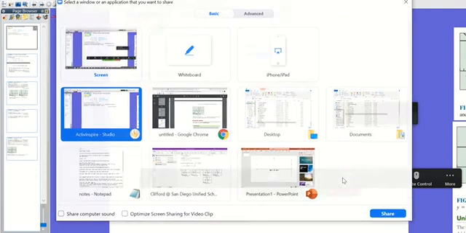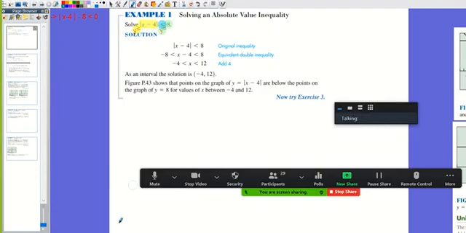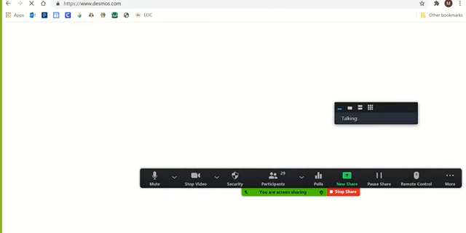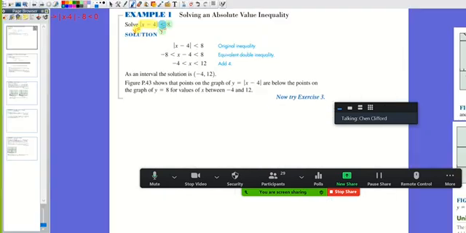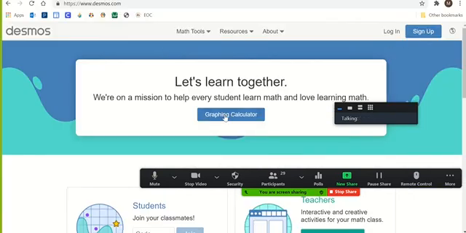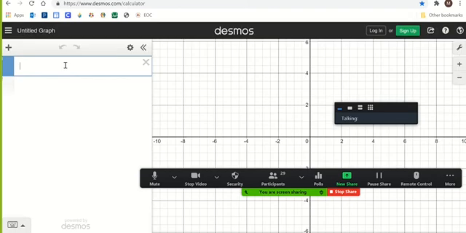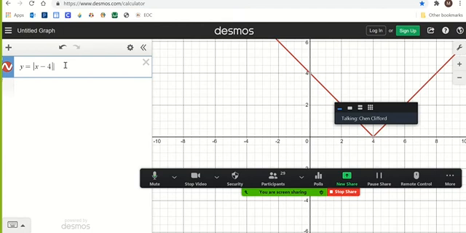So I'm going to go on Desmos right now, and I'm going to plug in the yellow one: y equals the absolute value of x minus 4. And I'm going to go y equals 8.